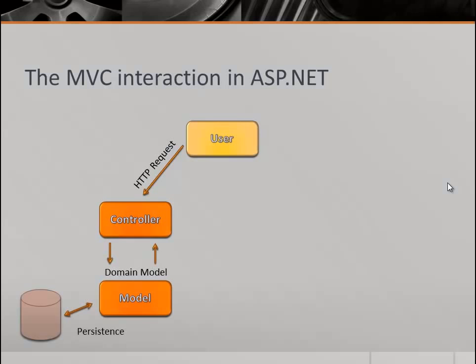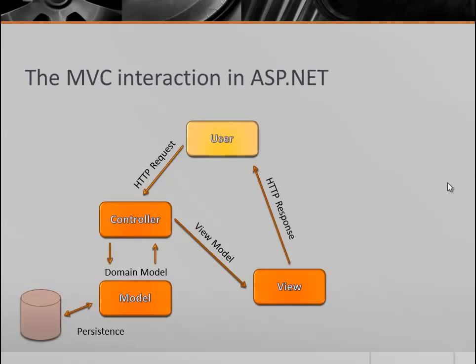The controller would then take in that request, and if needed will go to the domain model, and the domain model is the data and actually the business logic of your application, and if needed will retrieve data from the database or persist data to the database, and will return to the controller whatever the controller asked for. The controller will get that data and send the view model to the view layer. The view layer is the part of the framework returning the web page to the user. And that's the flow of the data in MVC4.